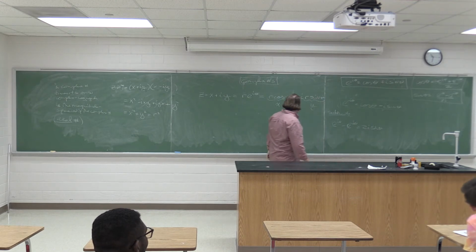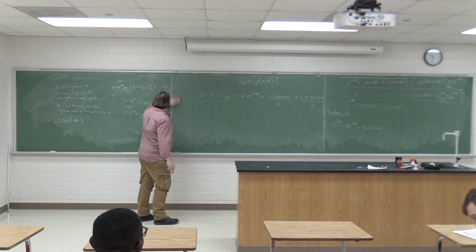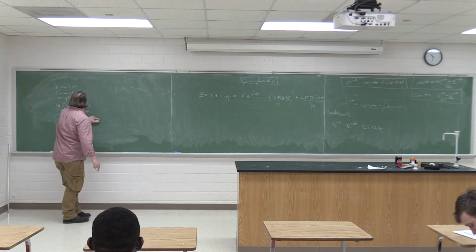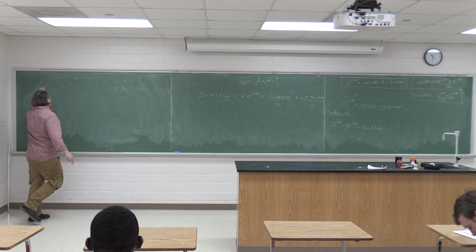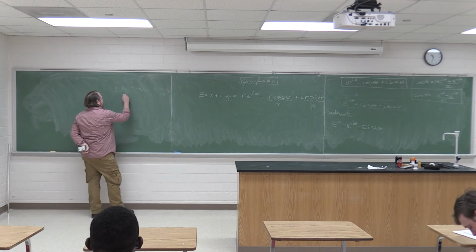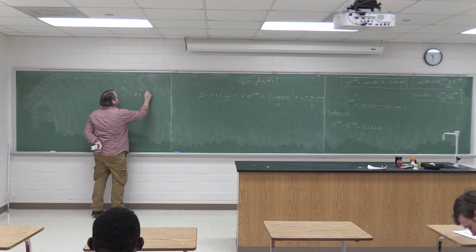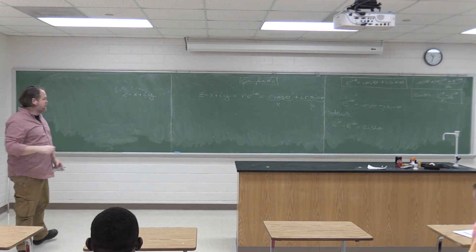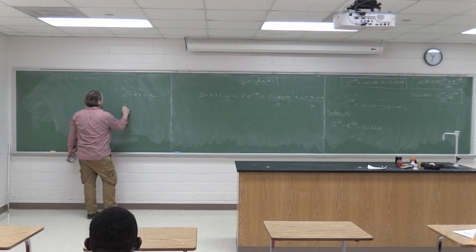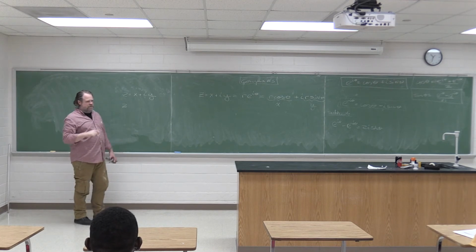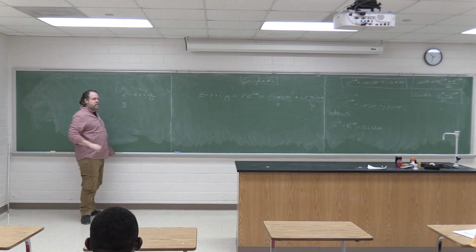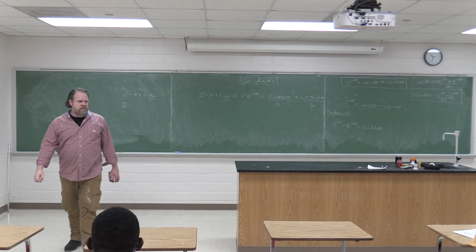Let me show you something slightly more general. Z is x plus iy, right? Z star, and just to throw something else in here, you'll sometimes see a bar instead of a star. They mean the same thing.